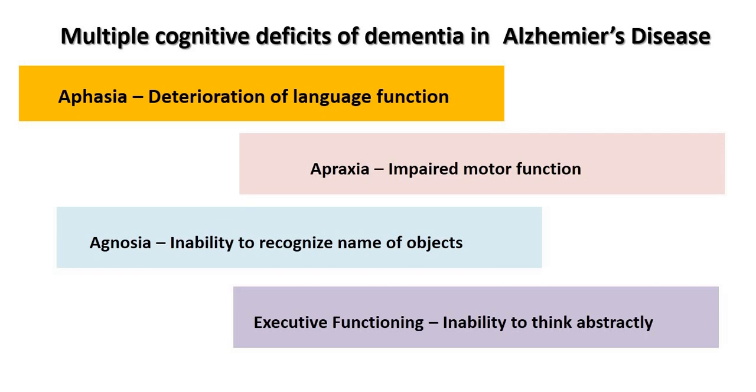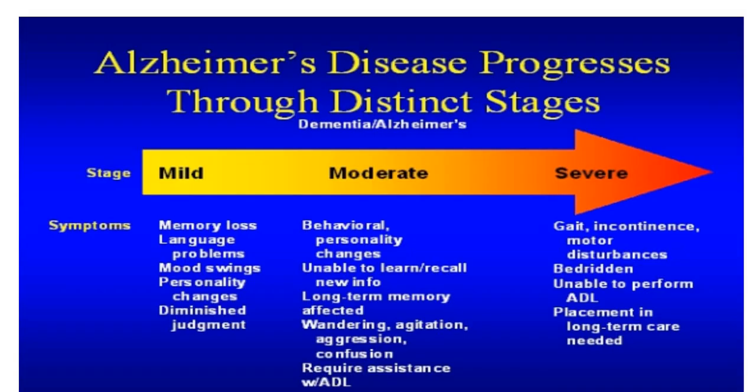Alzheimer's disease progression. What are the different stages of Alzheimer's disease? There are 3 basic stages: a mild stage, a moderate stage, and a severe stage. Mild stage implies memory loss, language problems, mood swings, personality changes, and diminished judgment. Whereas when the symptoms progress to moderate, the person has behavioral and personality changes.